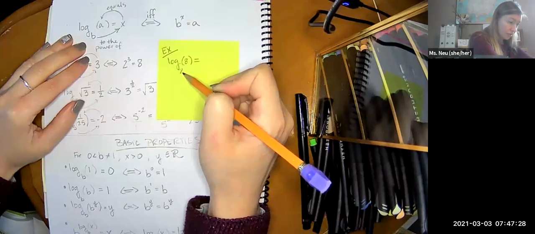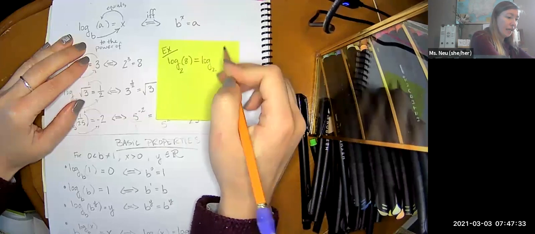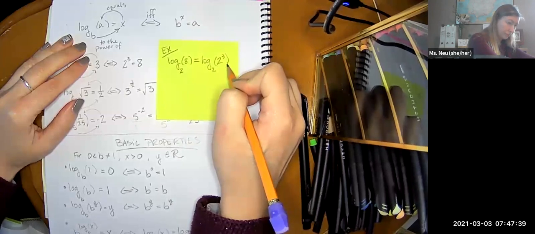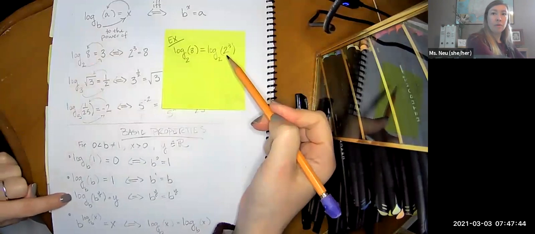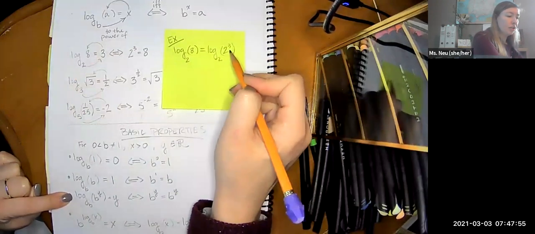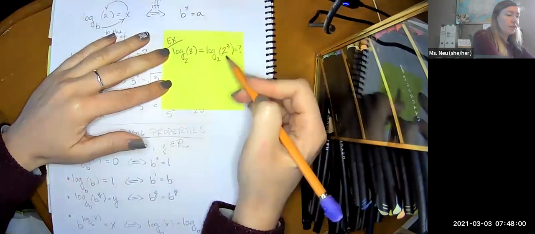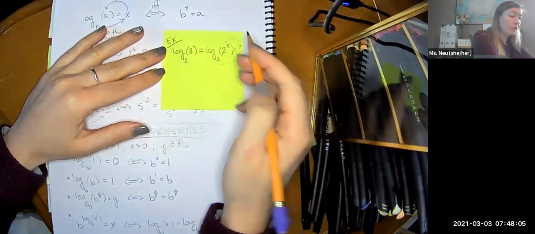So I could rewrite this as log base 2, and 8 is really 2 cubed. And so now, using our property, where we have log where the base is the same thing as the base to some power, what does that equal? That equals just the power. So here, this is like 2 to the power of what? 2 to the power of what gets me back to 2 to the power of 3? Boom, 3.